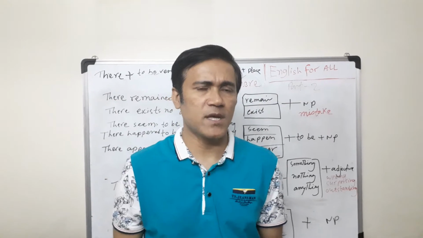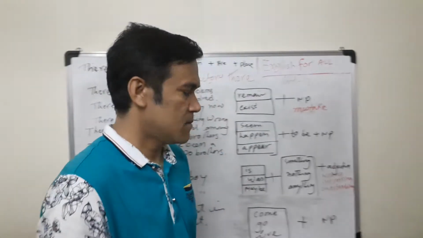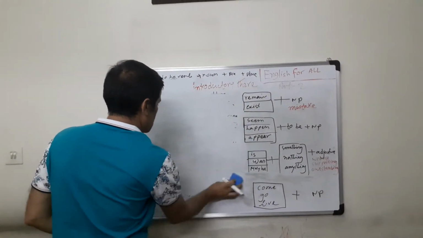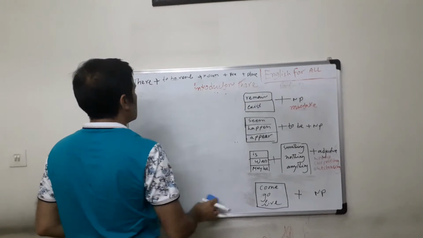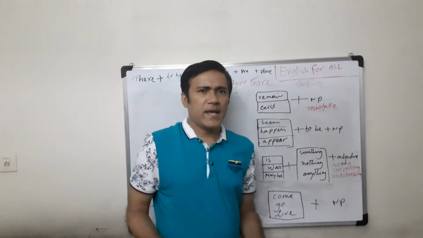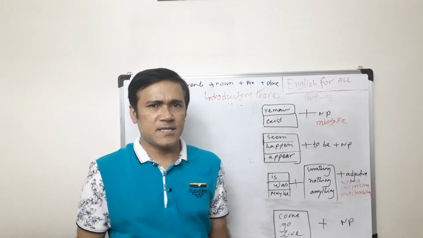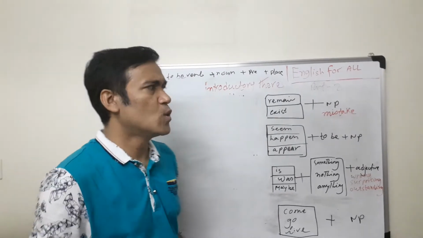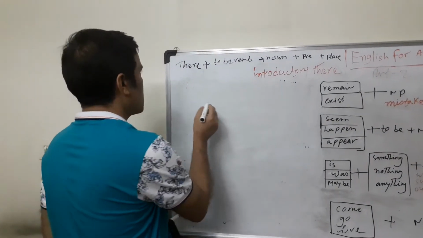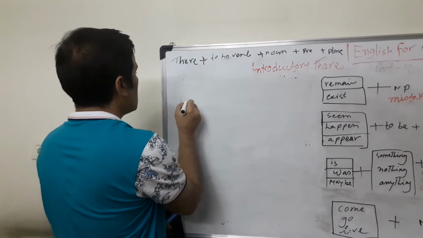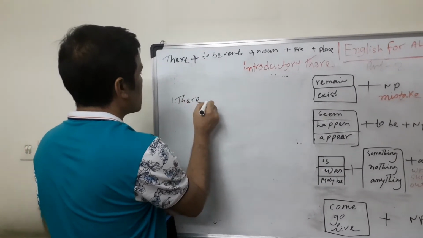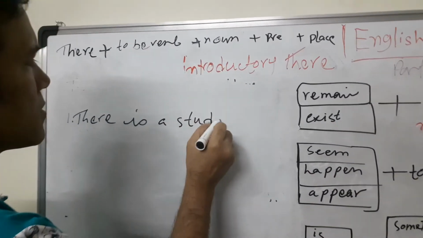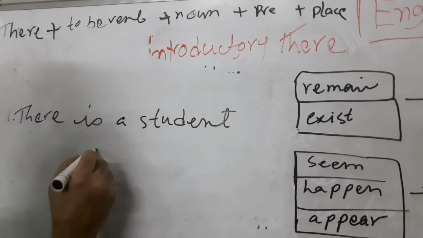interrogative sentences using introductory there. Making negative and interrogative sentences or negative interrogative sentences is very easy. Let's have a look at the examples I'm going to write here. There is a student in the classroom.